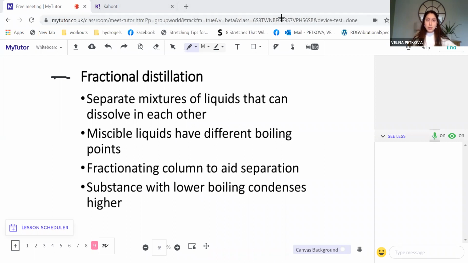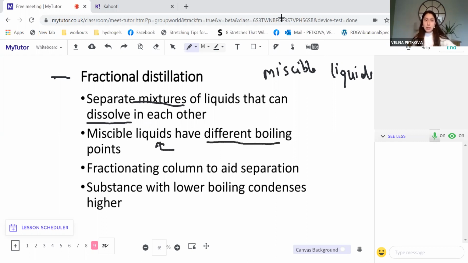So we want to separate mixtures of liquids that can dissolve in each other. That makes them miscible. If a liquid can dissolve in another liquid, they are miscible liquids. We use fractional distillation to separate these liquids. The liquids in the solution have different boiling points, and that's what allows us to separate one from the other.